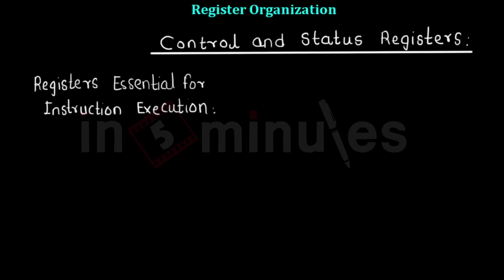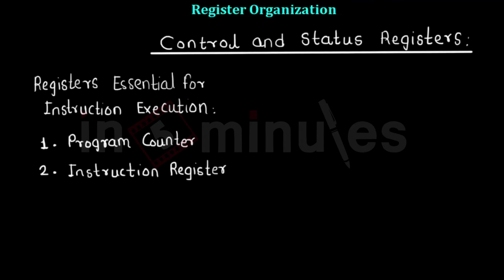So let's just quickly recap which registers are required in instruction execution. First of all, we require the program counter to store the address of the current instruction and to compute the next instruction address. Then we have the instruction register, which stores the current instruction that is to be executed. Then we have the memory address register, which stores the address of the external memory that is to be accessed.